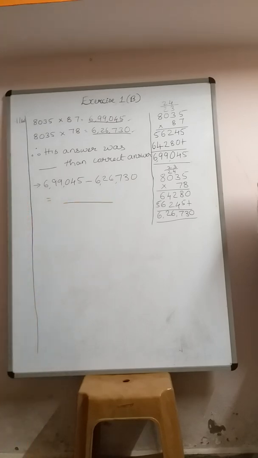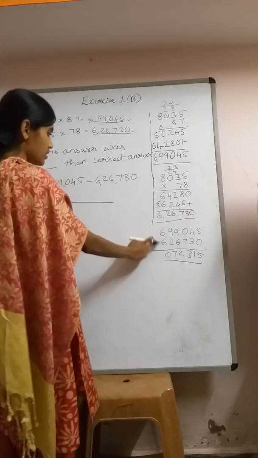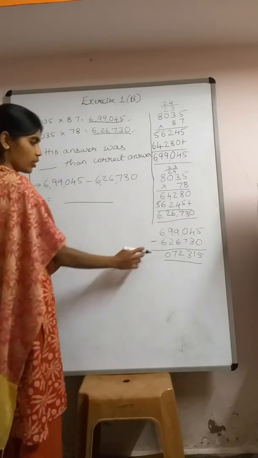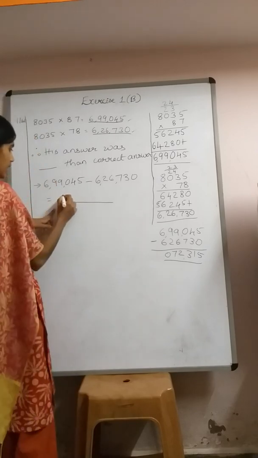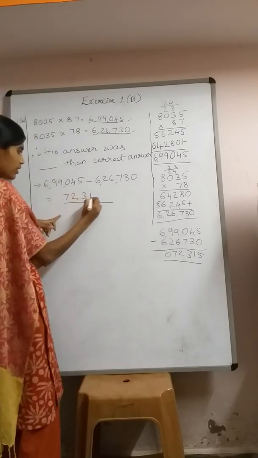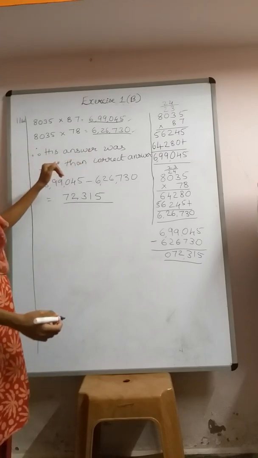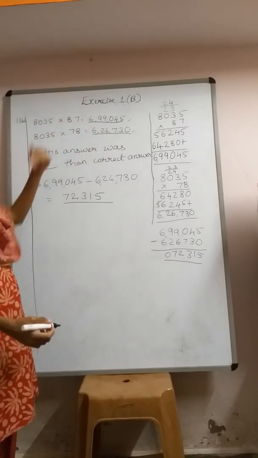So you will get 72,350. See, I have solved it here. I have done the subtraction. So now let us write here 72,350. So therefore his answer was greater than the correct answer.